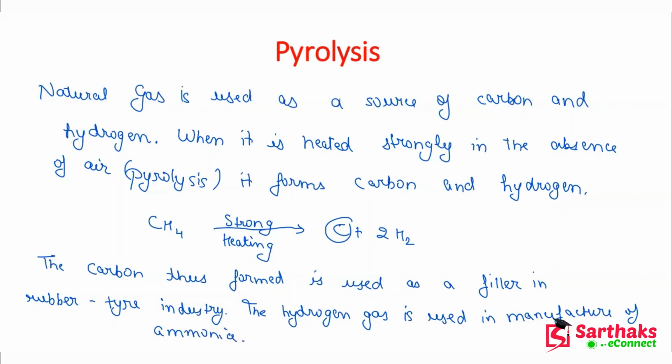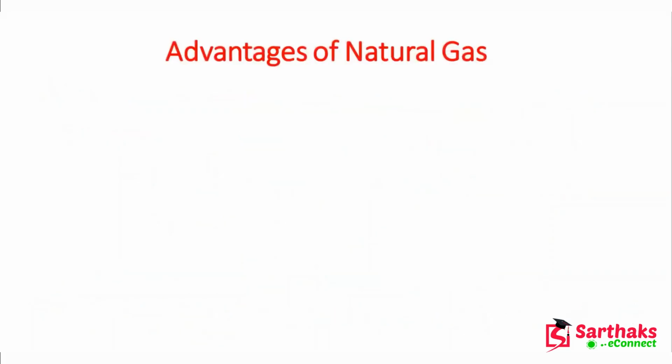Now, the next topic that we are going to talk about is the advantages of natural gas. What are the advantages of natural gas over coal and petroleum? We are going to look at that. We all know that natural gas is a cleaner fuel than coal and petroleum.